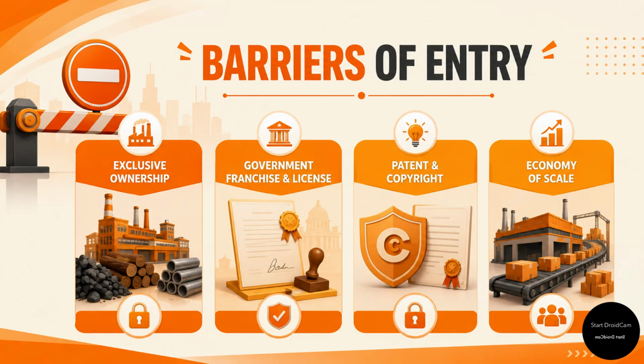Third, patents and copyright. Legal protection may give a producer exclusive rights over an invention, product, or creative work. And fourth, economies of scale. If producing on a very large scale leads to much lower average cost, it may be difficult for a new, smaller competitor to compete effectively. Together, these barriers protect the monopolists from potential competitors.